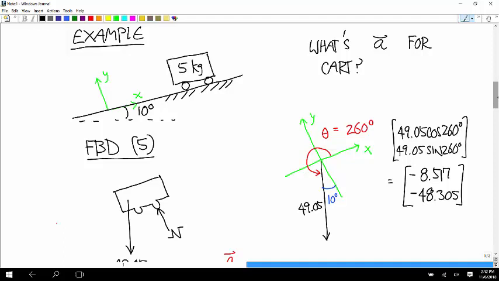If you worked for a company that made wheels for cars that rolled on 10-degree inclines, it probably wouldn't be a very successful company, but maybe that's what you do. Then you would want to know what that normal force is, because that's the force that the ground is applying to the wheels, and that's what the wheels would have to be able to withstand.